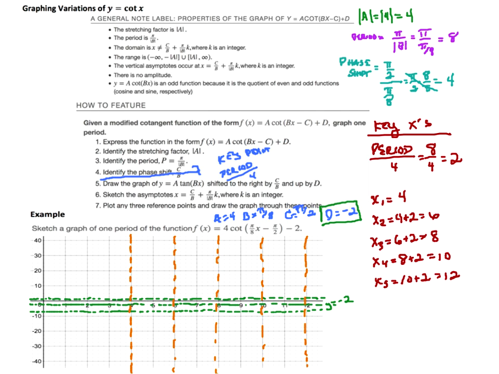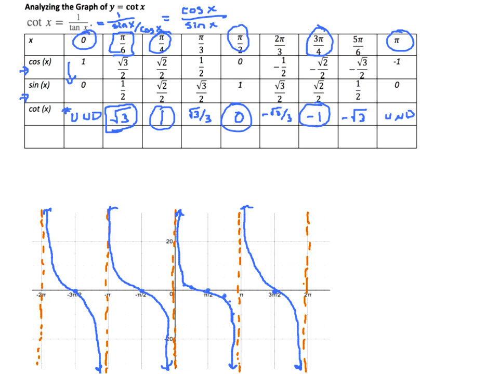Okay, so let's look back here. My x-intercept, or my midline intercept, if you will, was in the very center between 0 and pi.